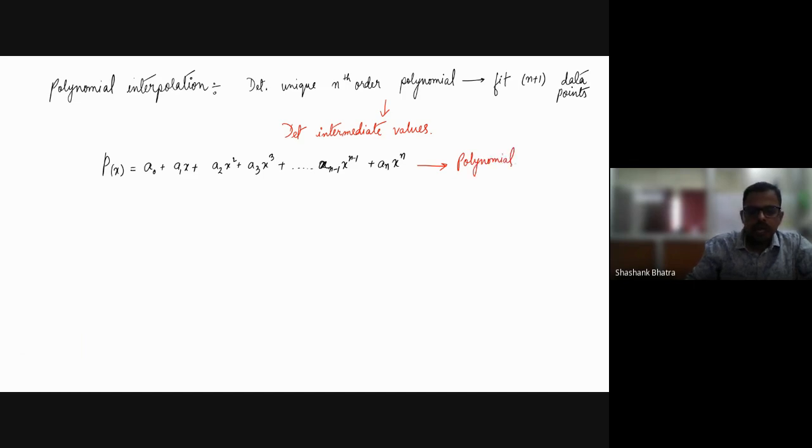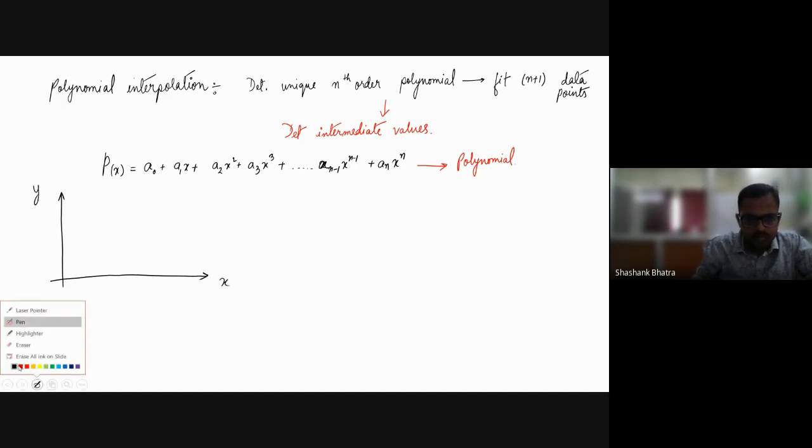Now, if there is a first order polynomial, whatever x and y axis, we can represent it anyway. What will it be?